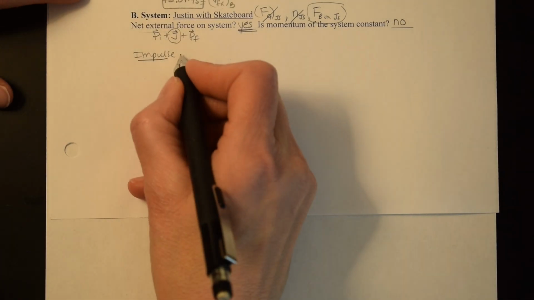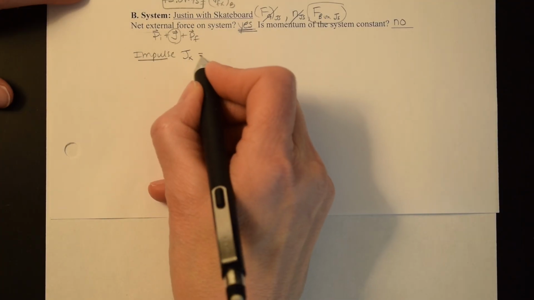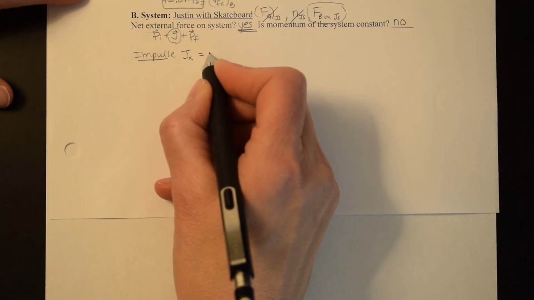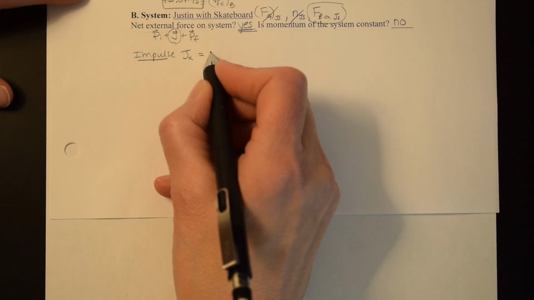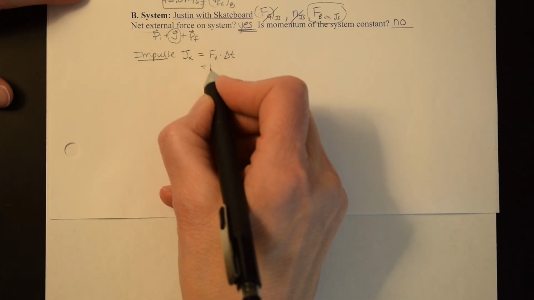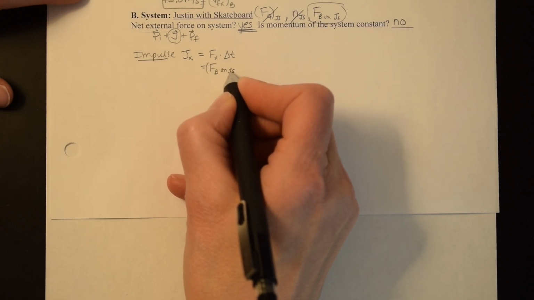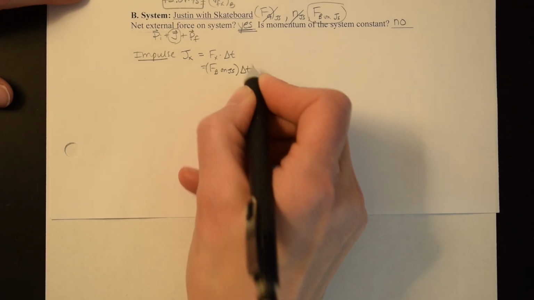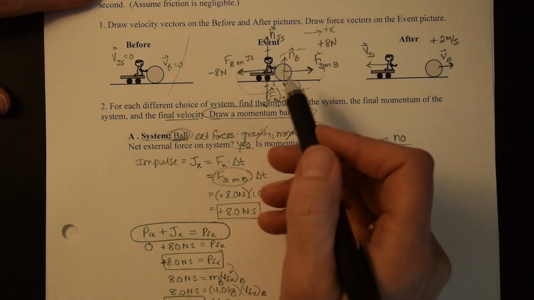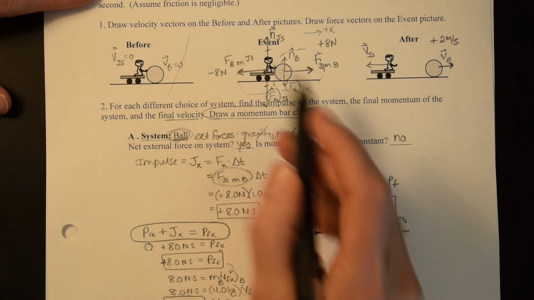So to find the impulse, that is J in the horizontal direction, and that's going to be the force times the time interval. Well, the force that's acting is just this horizontal force of the ball on Justin and the skateboard times the time. The force is -8 newtons.